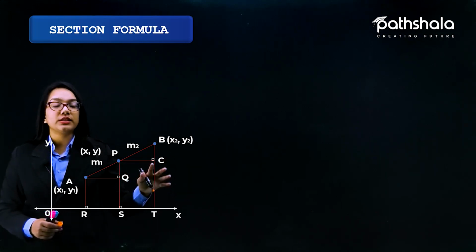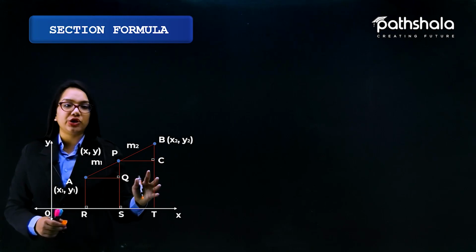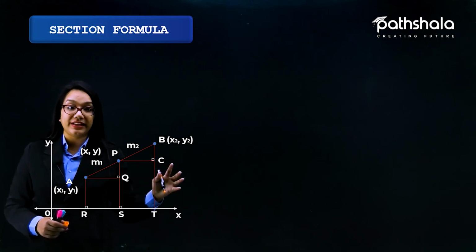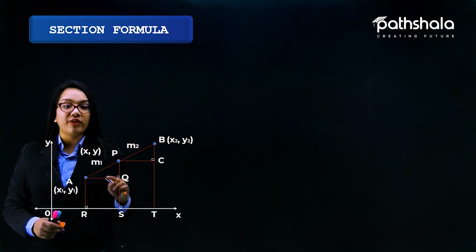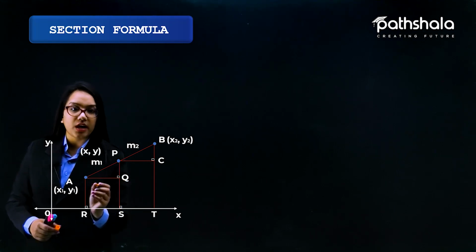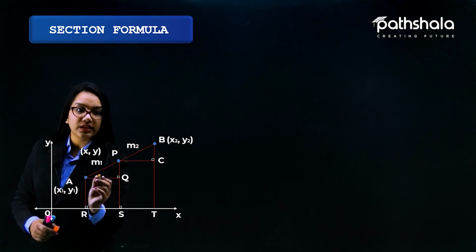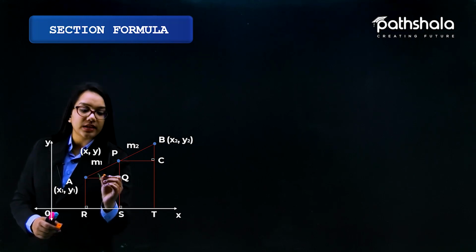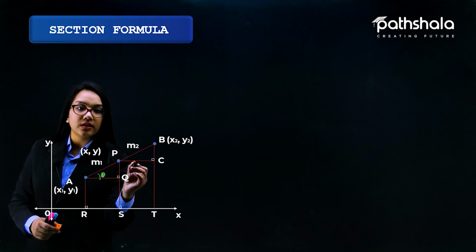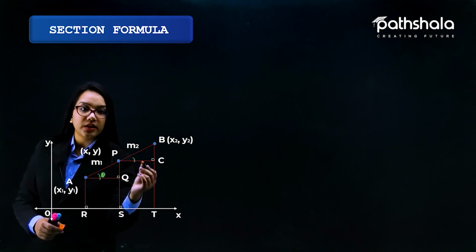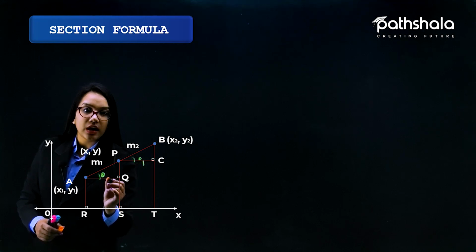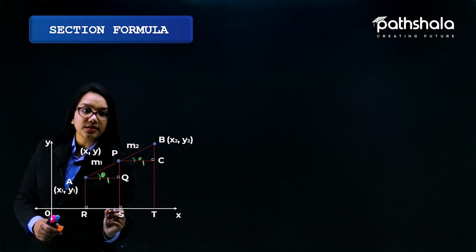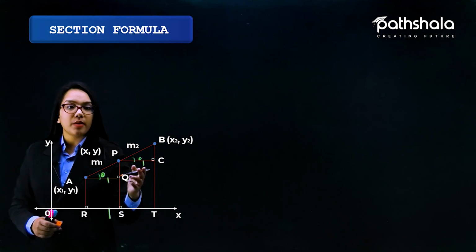These two triangles are similar to each other by the angle criteria, because it is forming a 90-degree angle over here, and a 90-degree angle over here. If this angle is theta, then definitely this angle is also theta, because these lines are parallel to the x-axis and they are all parallel to each other.